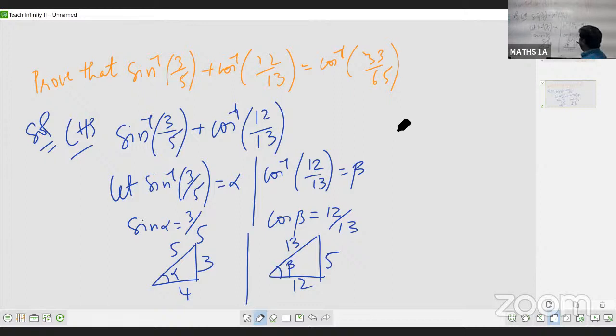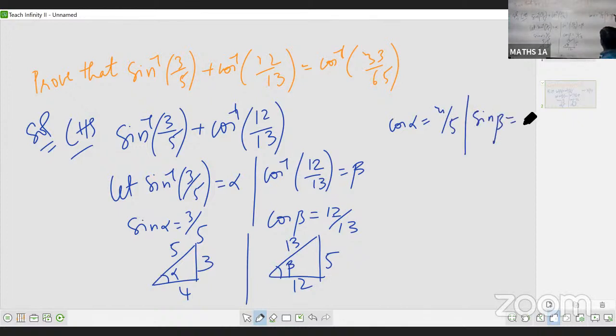From here, I am going to calculate cos alpha. Cos alpha will be 4 by 5. And here I am going to calculate sin beta. Sin beta will be 5 by 13. Is it clear? So sine inverse of 3 by 5 I took as alpha, cos inverse of 12 by 13 I took as beta, and sin alpha is 3 by 5, cos beta is 12 by 13. So cos alpha, sin beta, you got it.